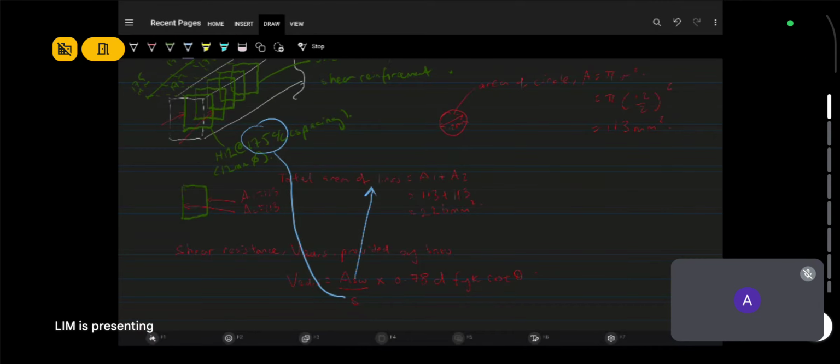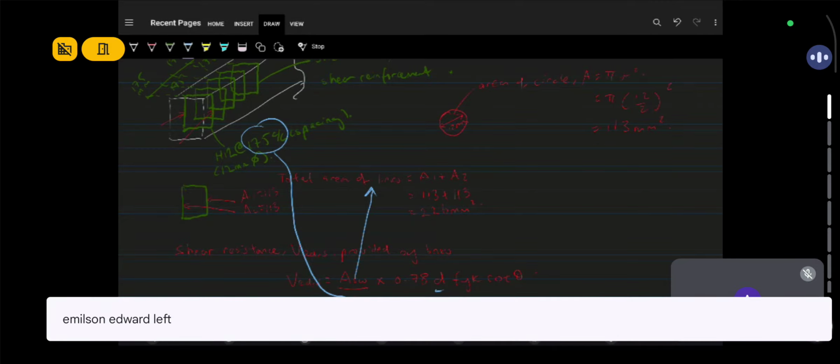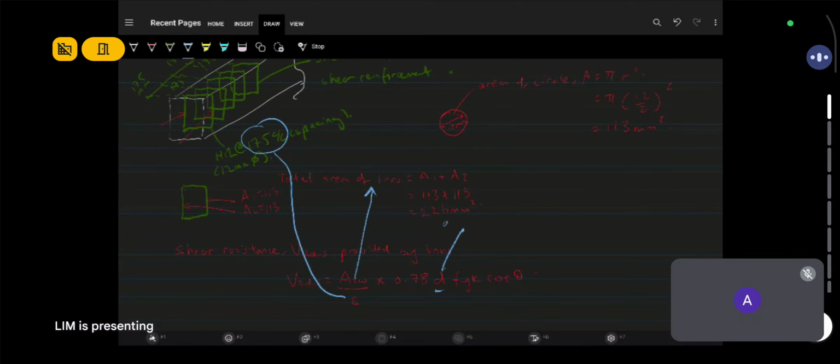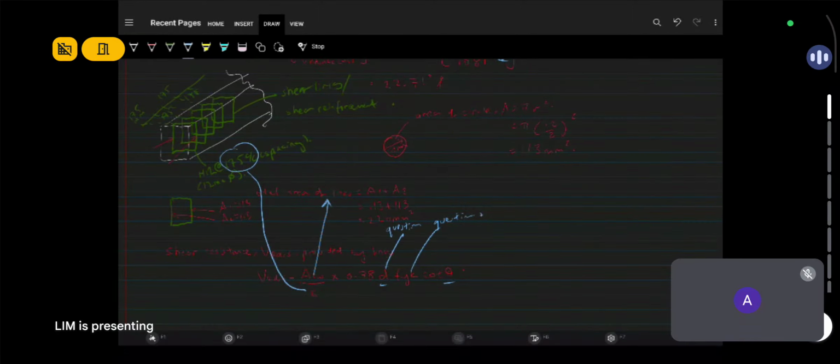D is the design depth of the beam, the 650 from earlier, given in the question. FYK is also given in the question. Theta is the 22.71 we calculated just now.